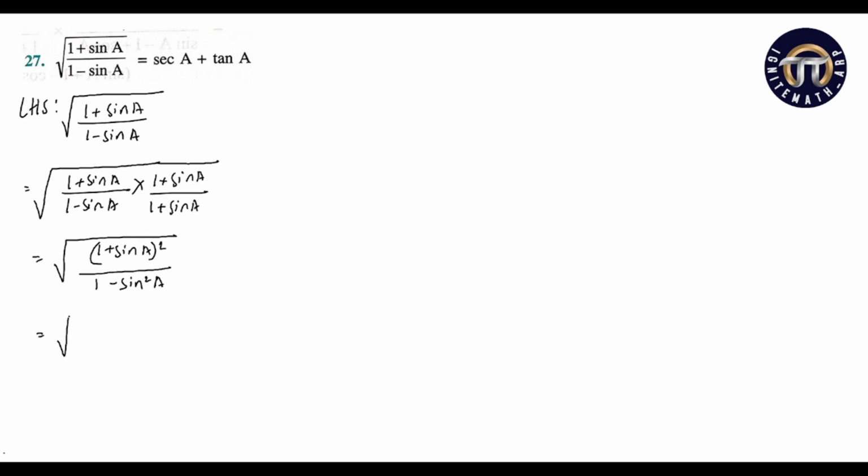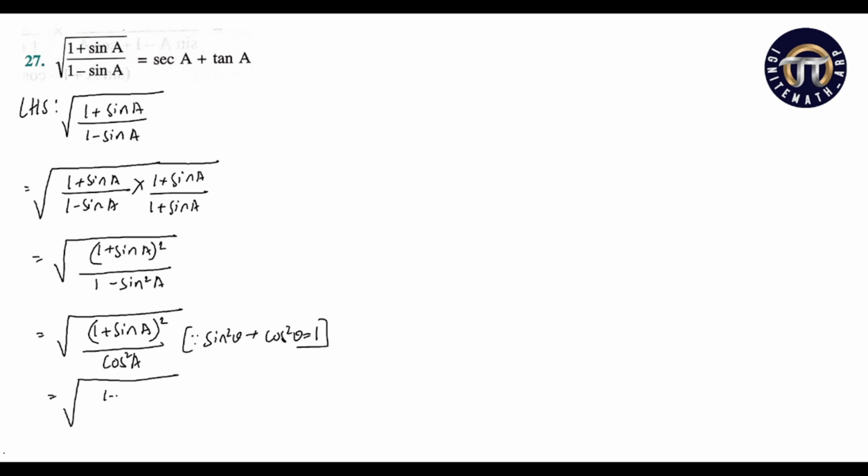So now again I will write square root sign. So 1 plus sin A the whole square by this 1 minus sin square A can be written as cos square A. The reason is what? Sin square theta plus cos square theta is equal to 1. So now both together can be written as 1 plus sin A by cos A the whole square, right? Square and square root will get cancelled.